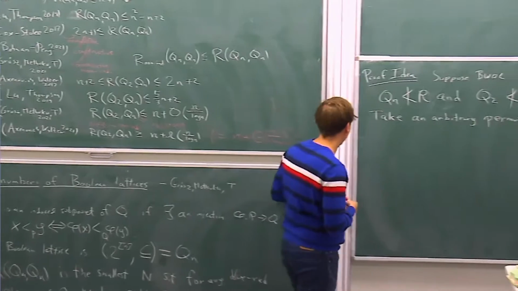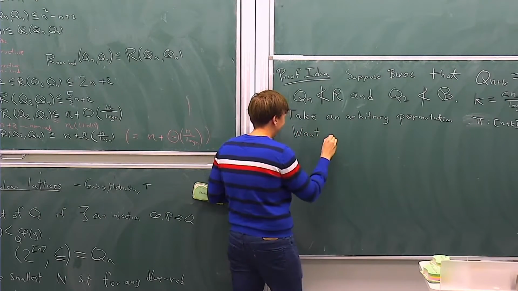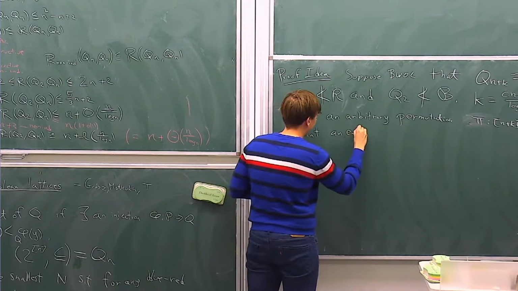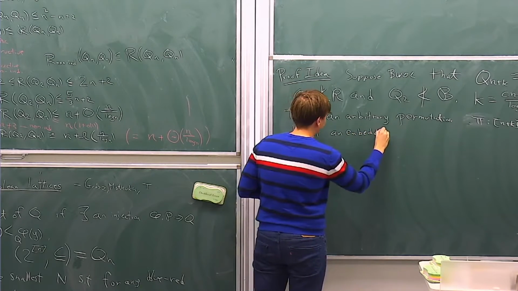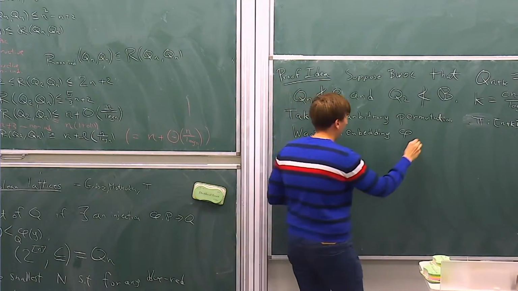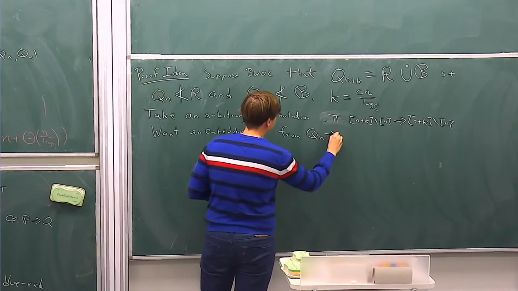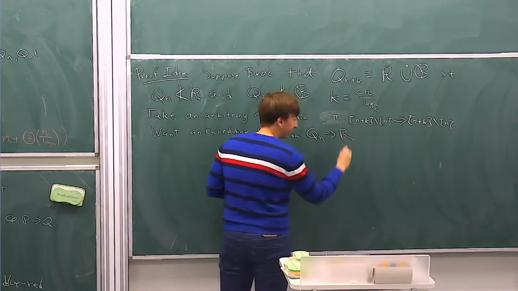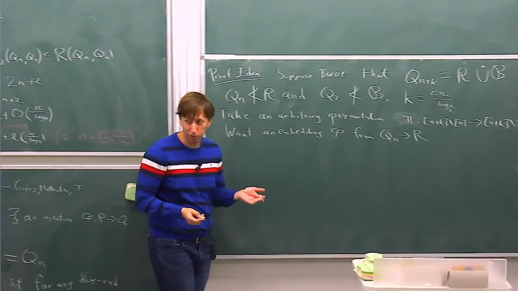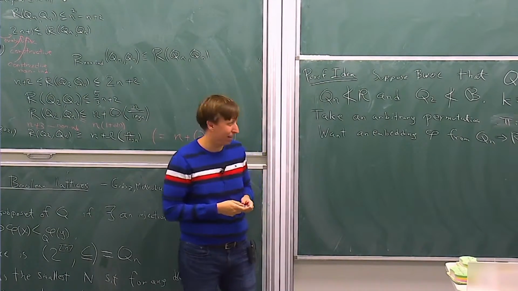So we want, in some sense, an embedding phi from Qn into the red sets. But of course, we will see that this will fail because that's what we're trying to show.